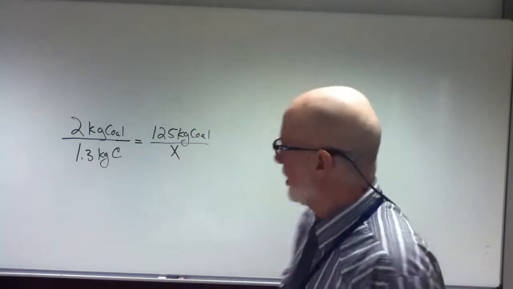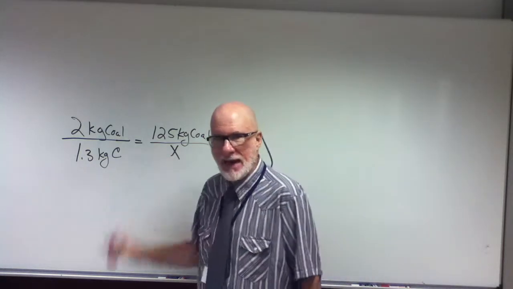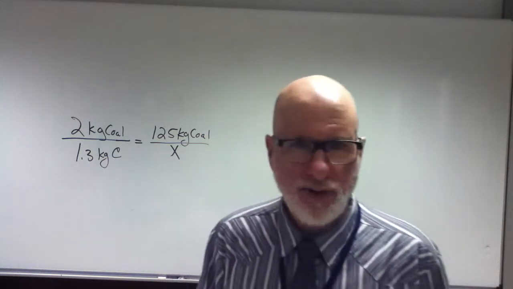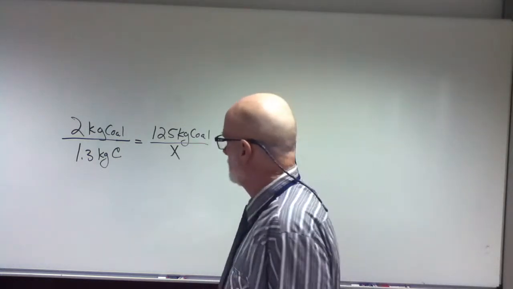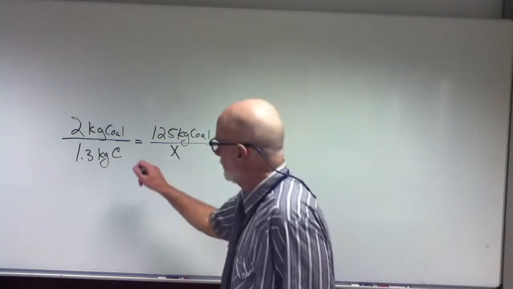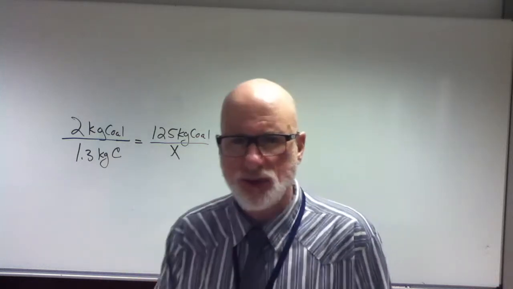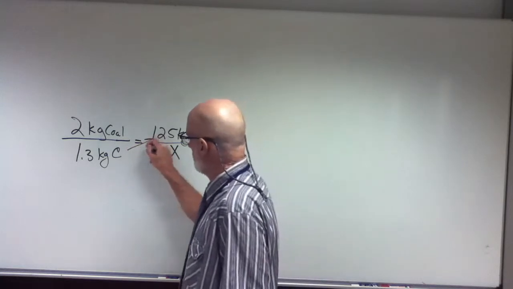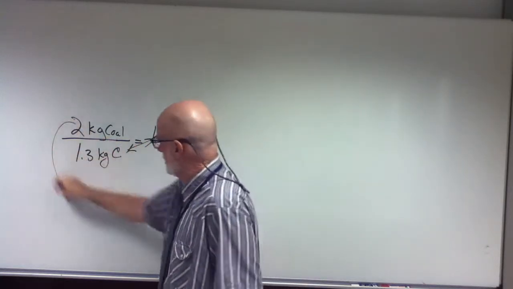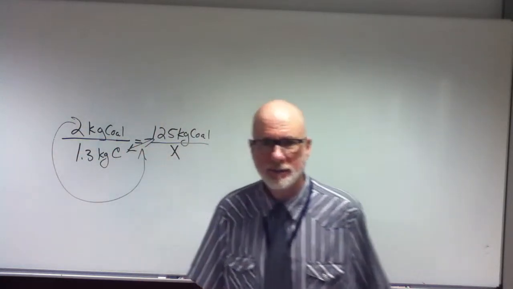So, how would you solve for X? Yes? Divide 125 by 2 and multiply by 1.3. Yeah. I like to say it a little bit differently. It's easier to remember, but that's not incorrect. Cross multiply and divide.